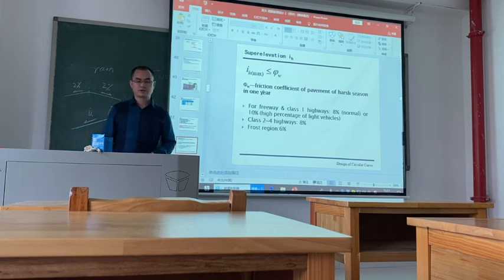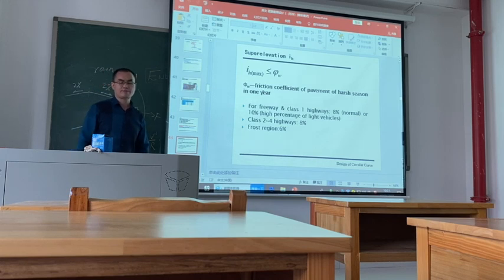For freeways and class 1 highways, the maximum IH is 8% or 10%.